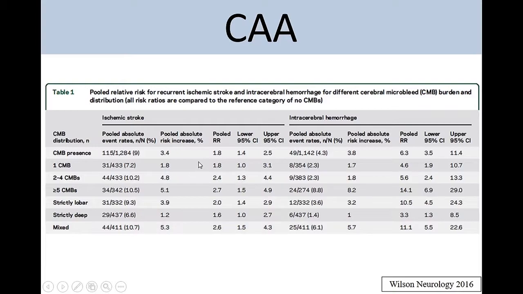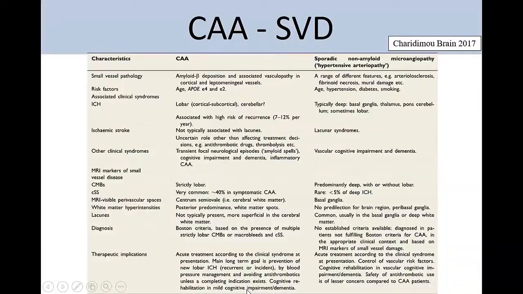So you can relate the chances of getting an ischemic stroke or intracerebral hemorrhage to the number of microbleeds. Obviously, it's small if you only have one, and if you increase, it gets higher. And with lobar, so with CAA, the chance of increasing the risk is much higher, almost 4%, whereas if it is deep, which means the small vessel disease, arteriosclerosis form, it is much less, and the mixed is more than the strictly lobar form.